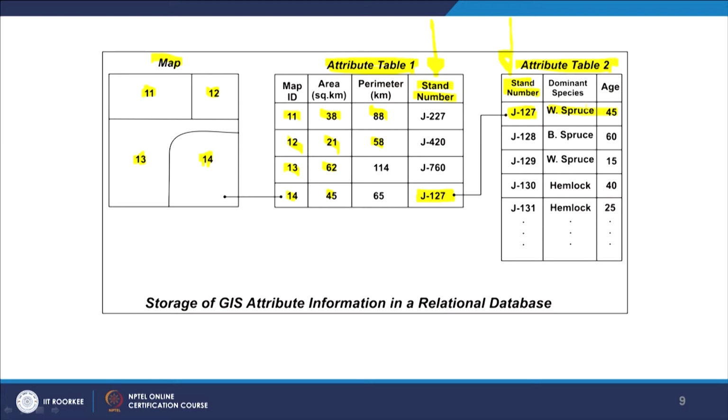The rest are not getting related. There might be a scenario where all rows of table 1 get related with table 2 also. So, this is how the relationships between two tables or two databases can be established very easily.